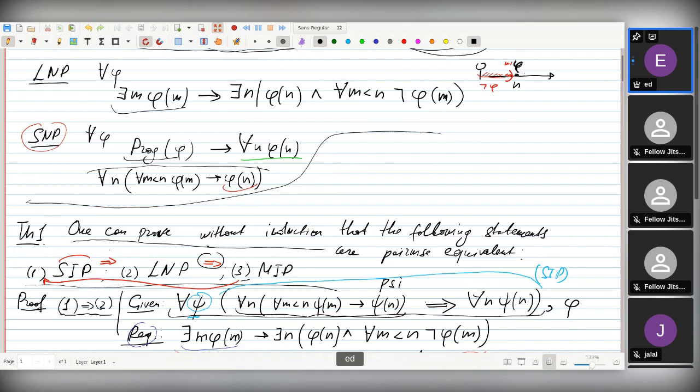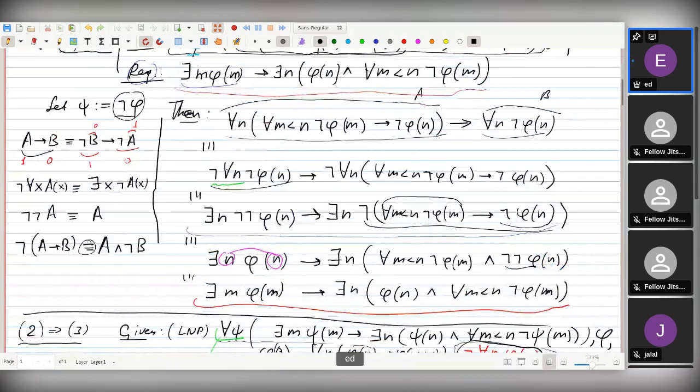You can infer any other statement from anyone given among these three. So that means that they are equally usable as axioms.